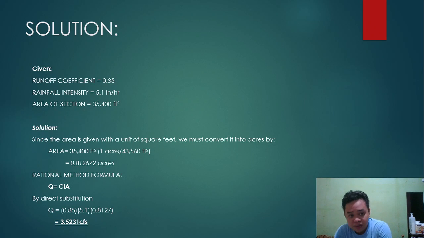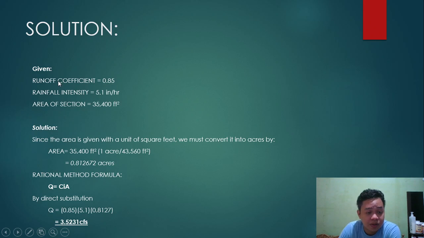So we have the given. The runoff coefficient is 0.85. The rainfall intensity, or I, is 5.1 inches per hour. The area of the section is 35,400 square feet. Since the formula requires that the area should be in acres, we must convert this 35,400 square feet into acres.